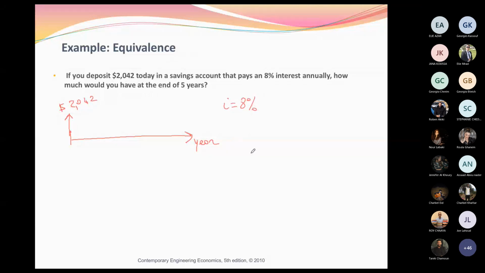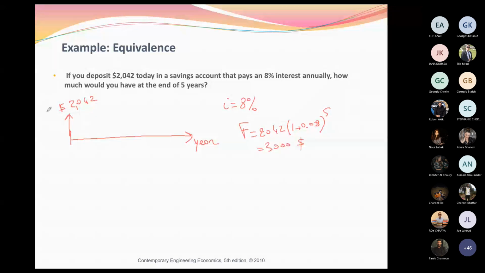How much would you have at the end of 5 years? Very simple. So I will take F as 2042 times (1 + 0.08) to the power of 5. I will have $3,000.